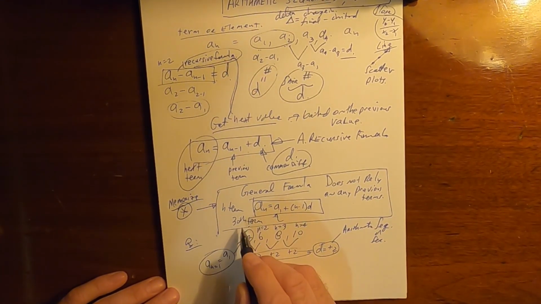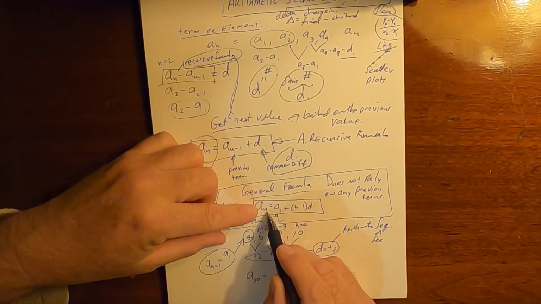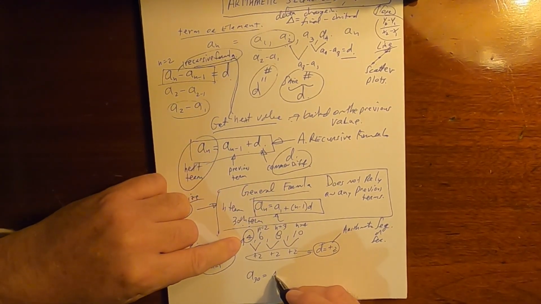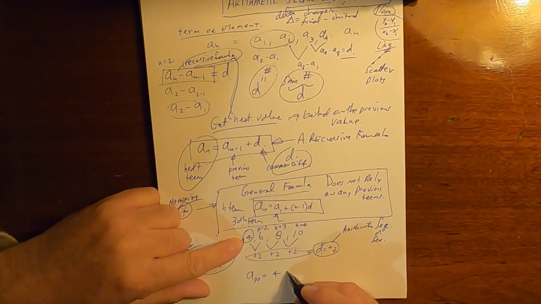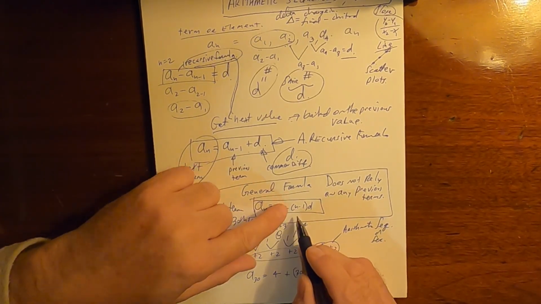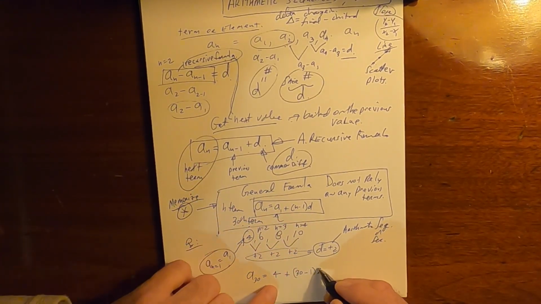I want the 30th term, so I would put a_30 and plug it into this formula, and I get what? a_1 is 4, plus 30 minus 1, n minus 1, times my d, which is 2.